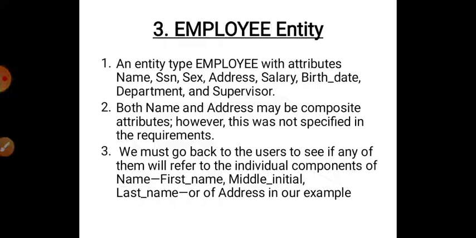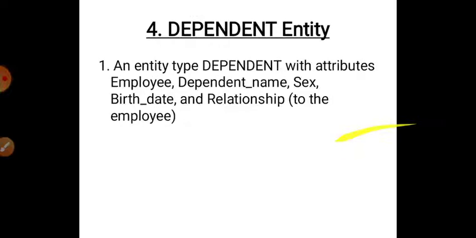So we should always discuss with the users regarding the database design. Here we are discussing whether the name should be a composite attribute consisting of first name, middle initial, and last name. Similar is the case with the address, but in our case, we are taking address as a single attribute.